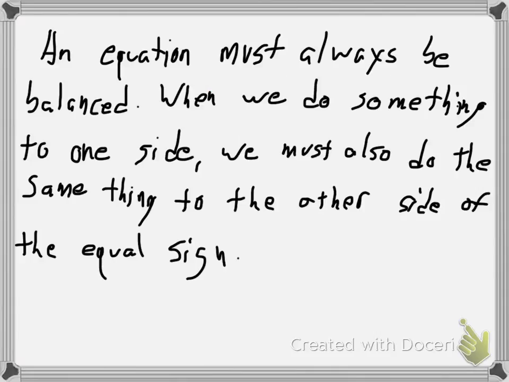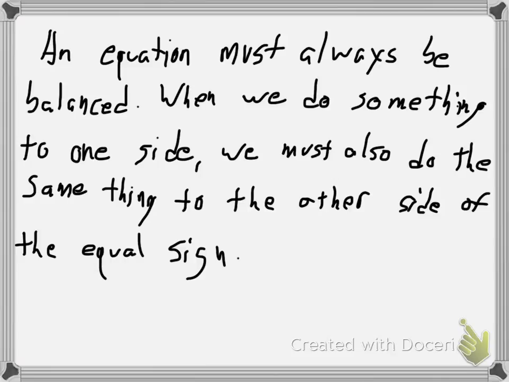So, an equation must always be balanced. When we do something to one side, we must also do the same thing to the other side of the equal sign. The way I think of this is like a balance that you would use in science. If you have a weight on the left side, you need to put the same amount of weight on the right side in order to keep it equal and keep both sides off the bottom.